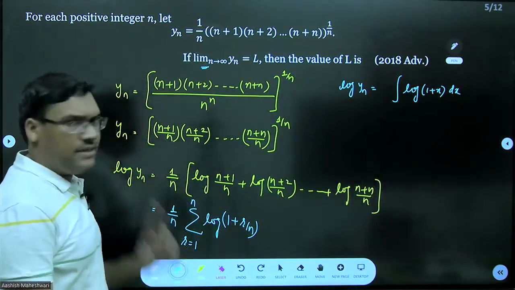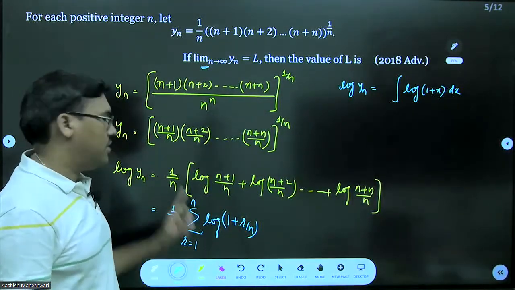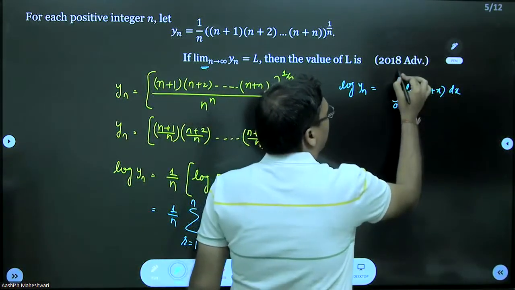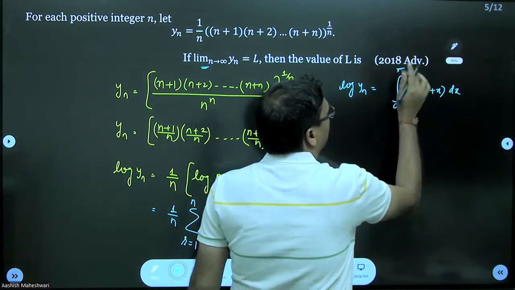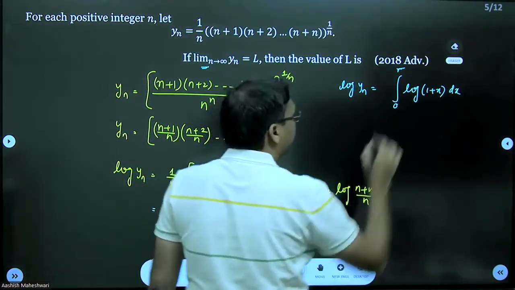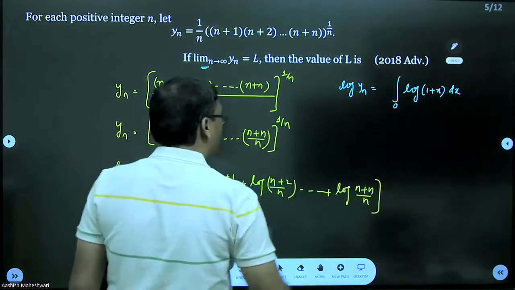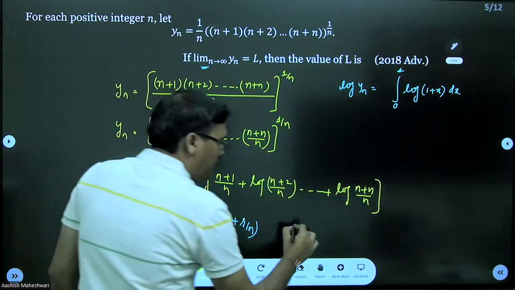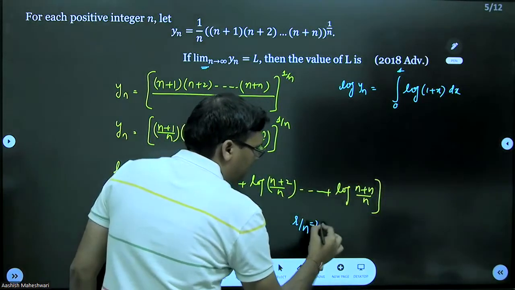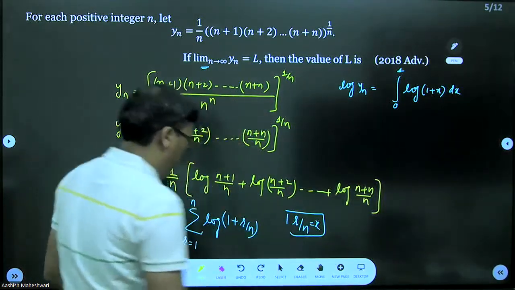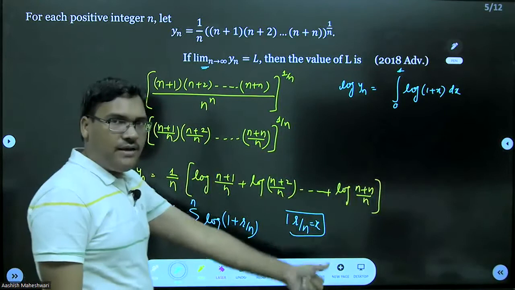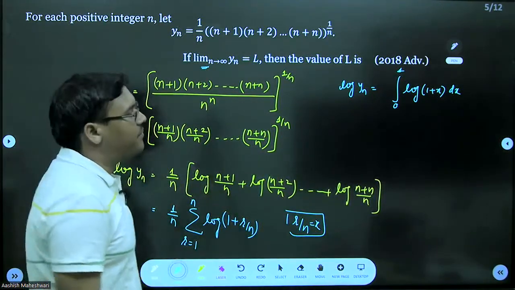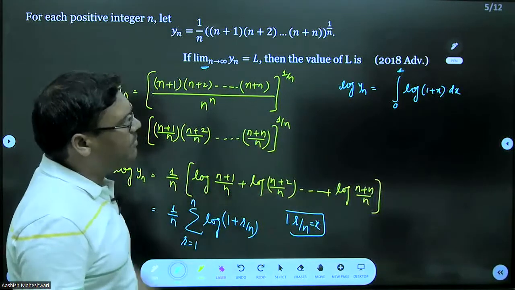And the limits you can clearly see: r equal to 1 पे limit will be 0 and r equal to n पे this is equal to 1. आप चेक कर सकते हैं r by n को x से रिप्लेस करके, 1 पे 1 by n, n tends to infinity again 0, n पे this is n by n, that is 1. Correct?